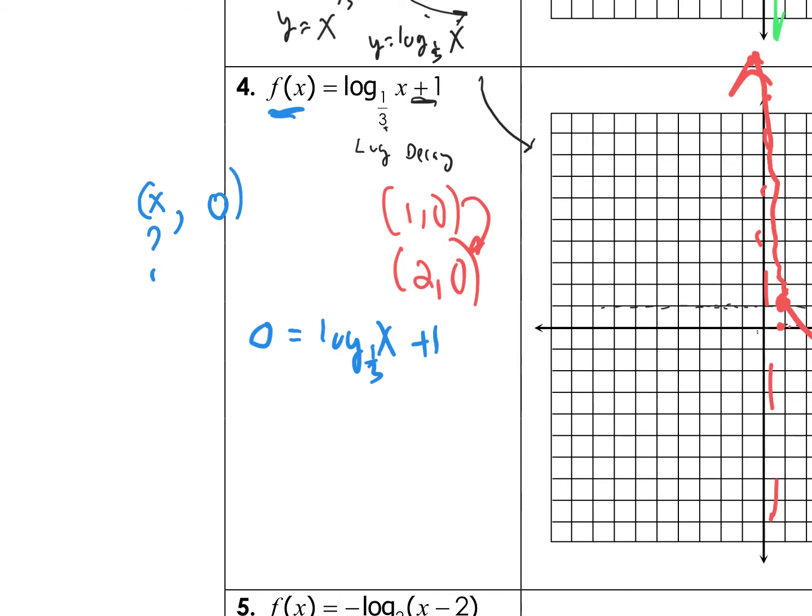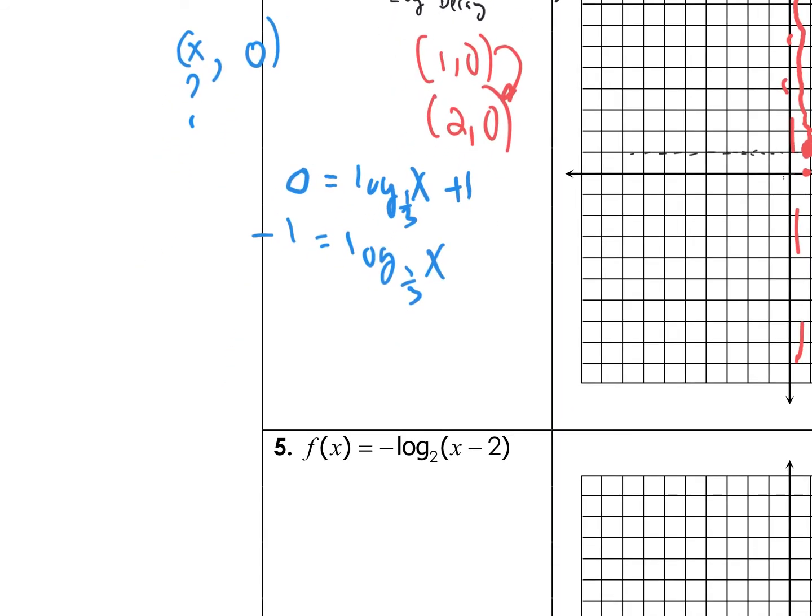So here goes. Subtract 1 from both sides. Log base 1/3 of x. To get rid of the log base 1/3, I will exponentiate both sides, 1/3 to the power. In other words, both sides are being raised up.